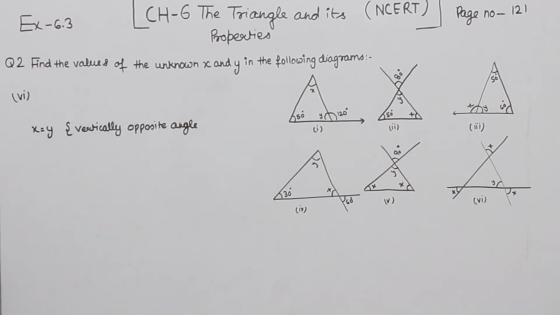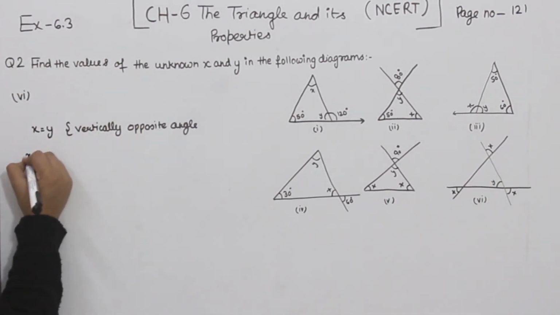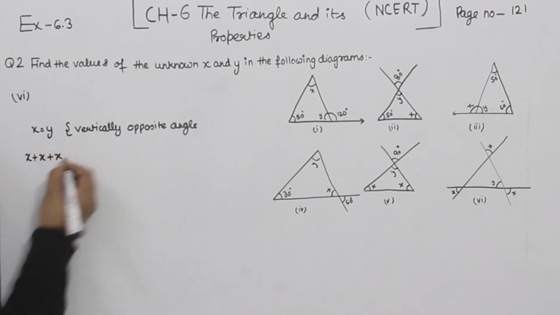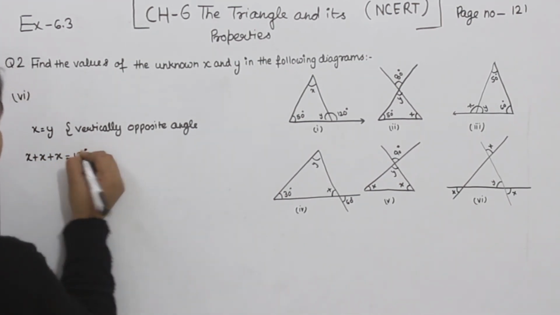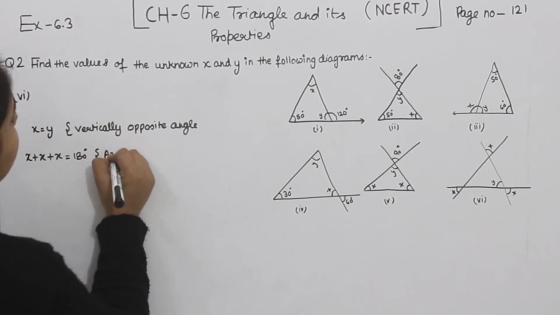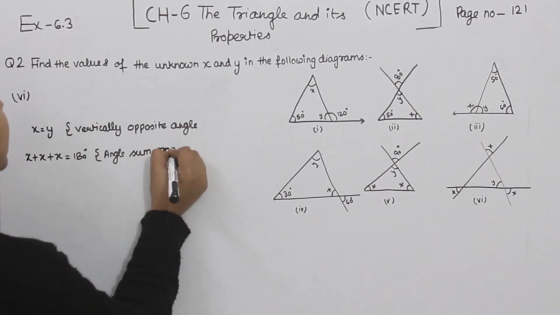Now if x is equal to y, then all the 3 interior angles are also equal to x. So we are going to write here x plus x plus x is equal to 180 degree with the angle sum property.